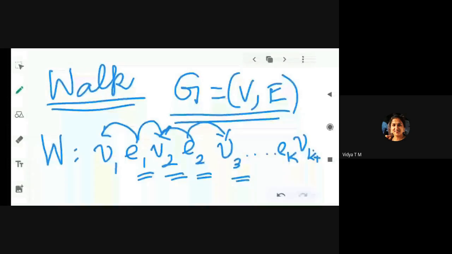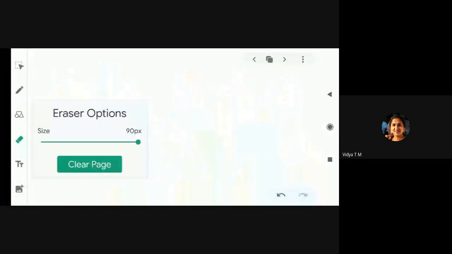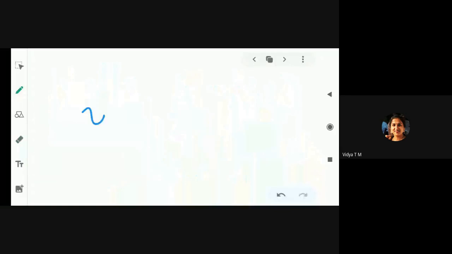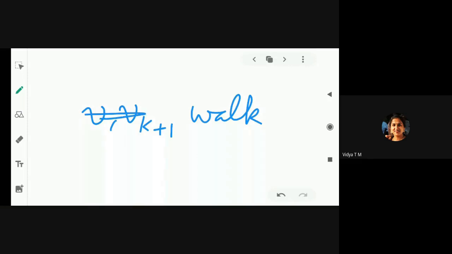So this walk starts at V1 and ends at Vk plus 1, so we say that it is a V1 to Vk plus 1 walk. Usually a hyphen is used: W is a V1-Vk plus 1 walk.